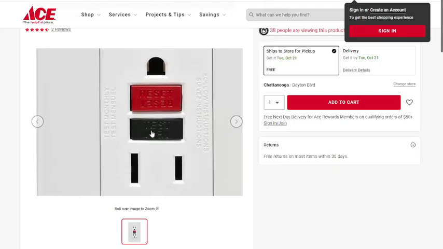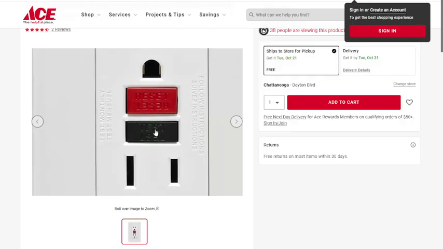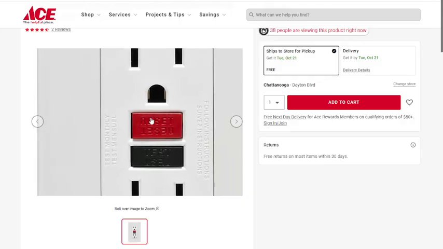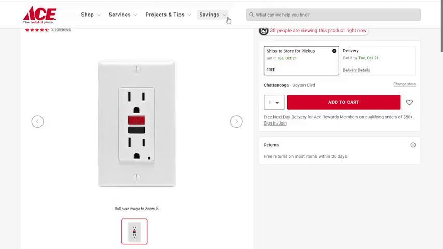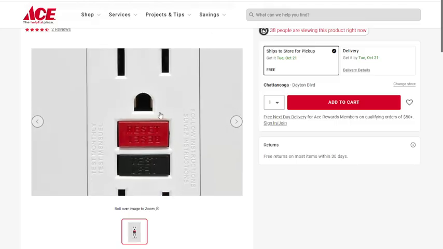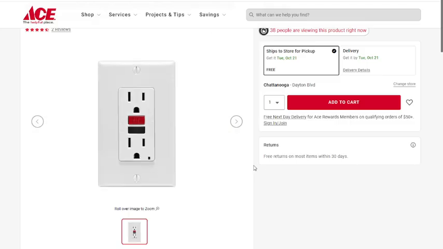If you can't see the letters there, it says test. So you have a test and you have a reset button. In other words, you can come up to it and test to see if it's going to respond in the event of a ground fault, and I'll explain what that is. So you can hit the test to see if it shuts off, and then you can simply reset it and let the outlet sit.